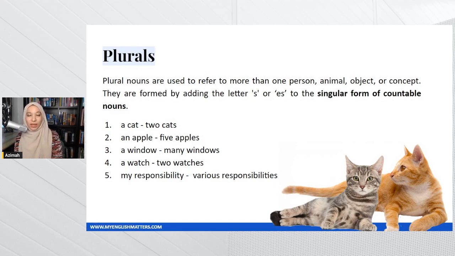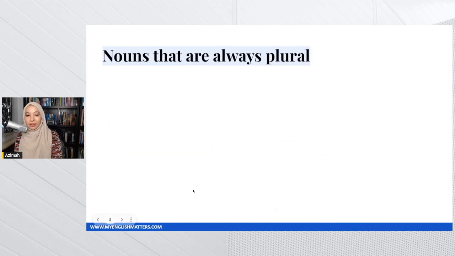S is quite tricky because some of us are a little bit careless, or maybe we forget because we don't have so much of an S in our native language, if it's Bahasa Melayu for you. So we have to be careful with this one. Some nouns in English are always plural.